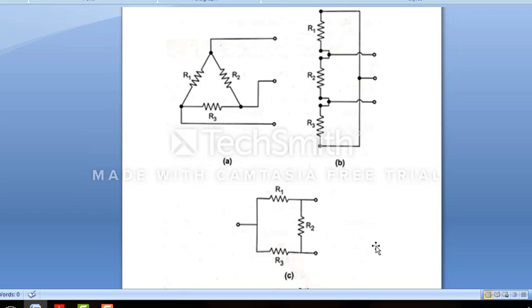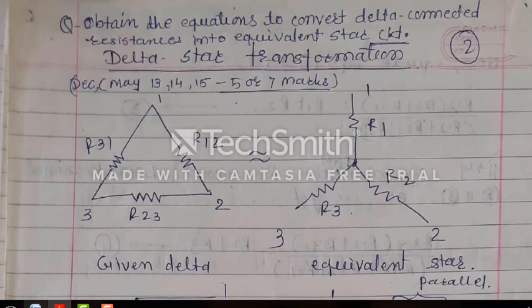Now we see the star-delta and delta-star transformation. What does it mean? If delta is given, then we can convert that delta into star, and if star is given, then we can convert it into delta. These two derivations are very important in this DC circuit unit.